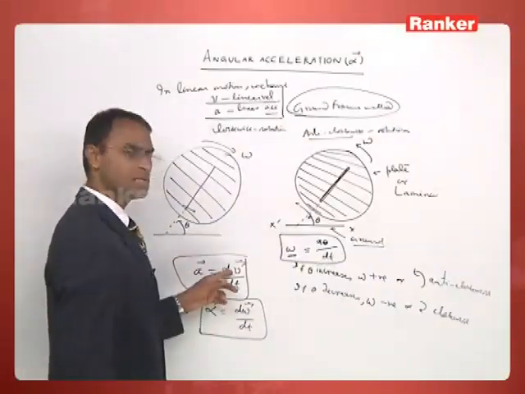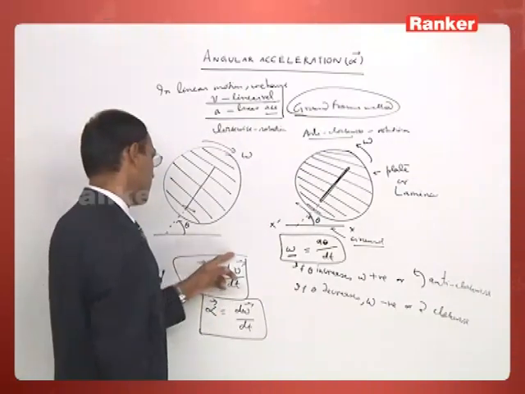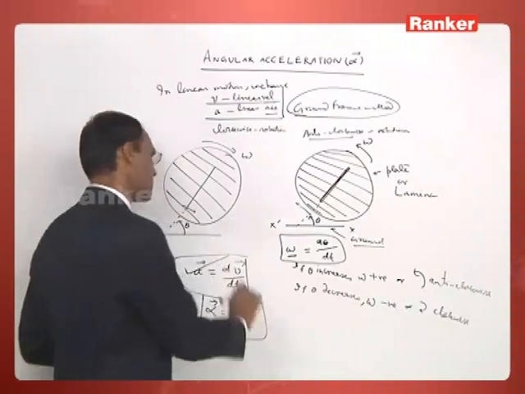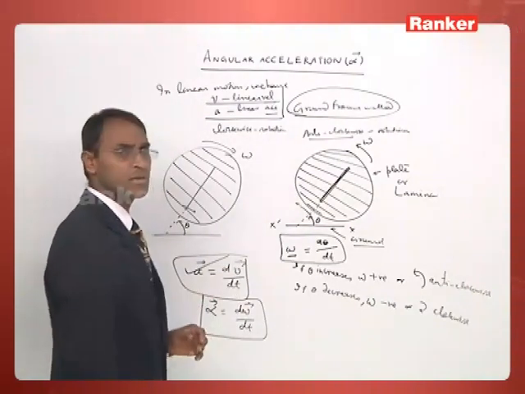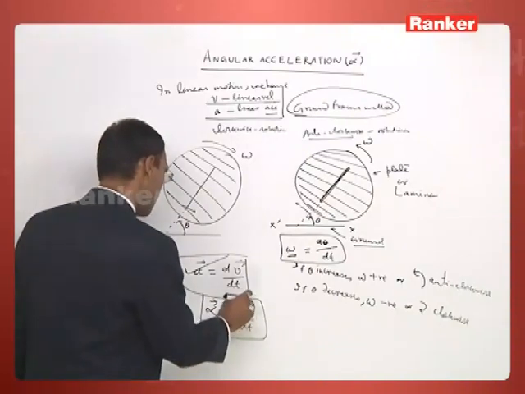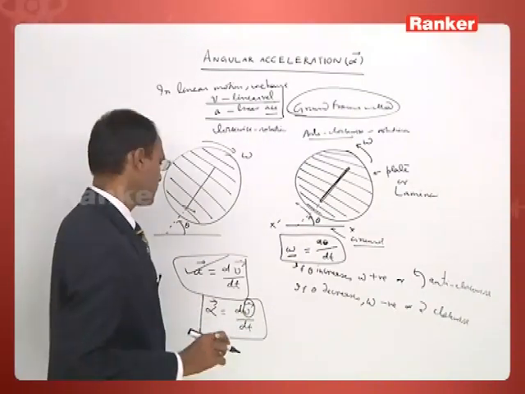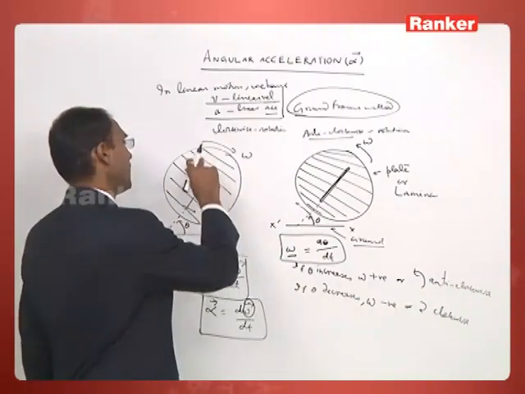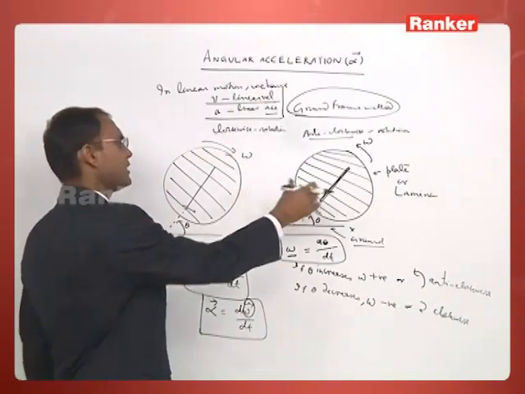Since linear velocity is a vector quantity, its derivative must be a vector. Therefore, acceleration is a vector quantity. Linear acceleration is a vector quantity. Similarly, since angular velocity is a vector quantity, as you defined, because angular velocity has some magnitude, so also the direction.